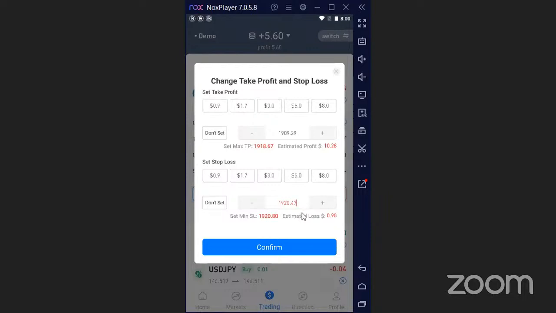We've already set the take profit. So our stop loss right now is 1921.29. After setting it this way, you click on confirm.